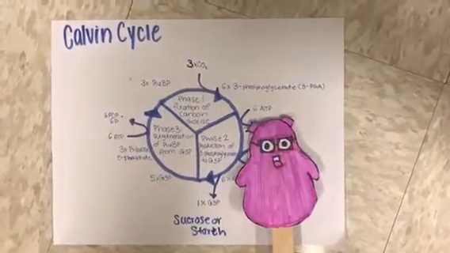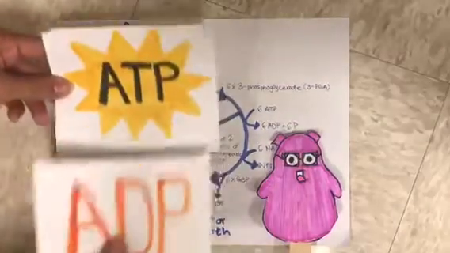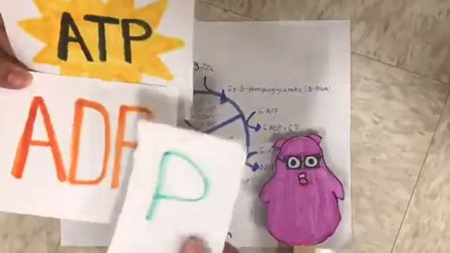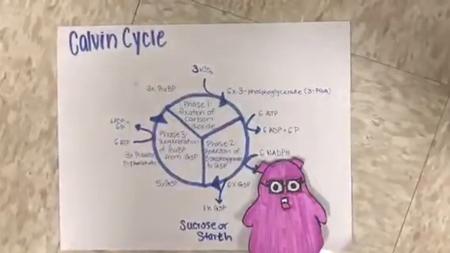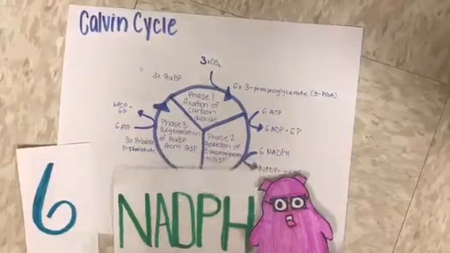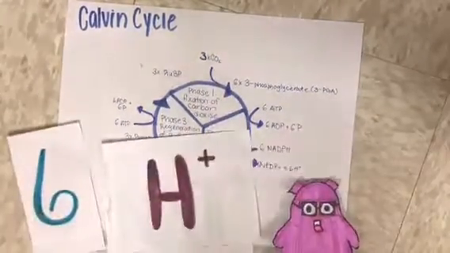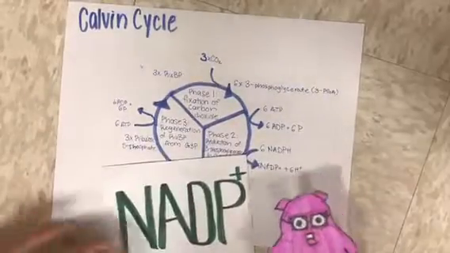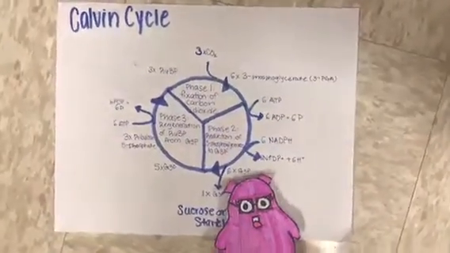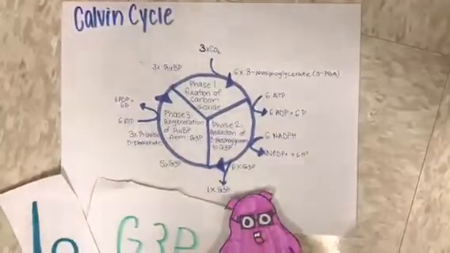First, ATP is changed to ADP and P. Then 6 NADPH is converted to NADP and H+. Finally, the 6 3-PGA is changed to G3P.